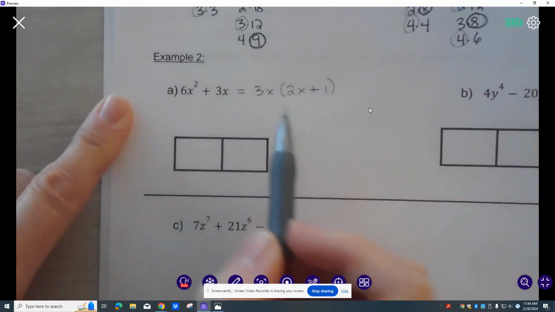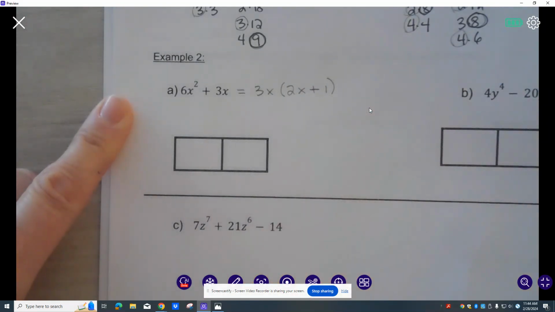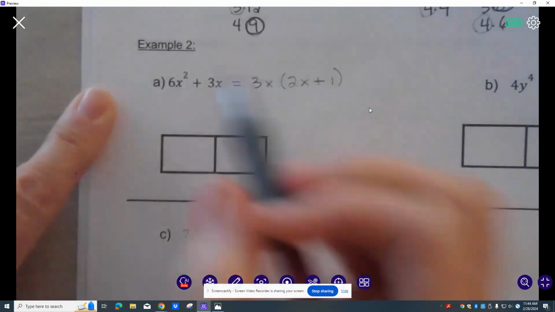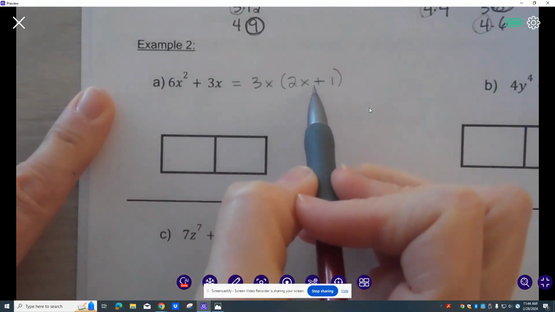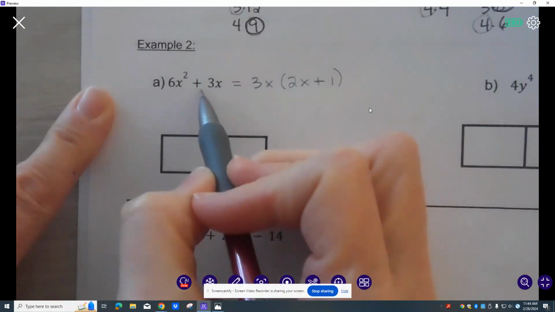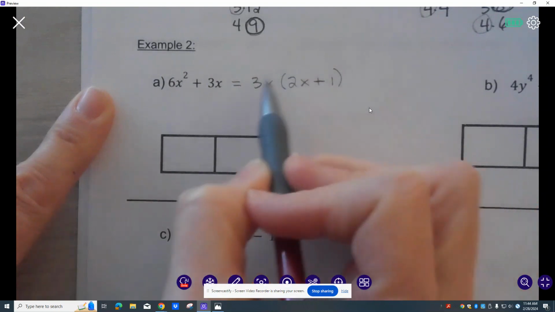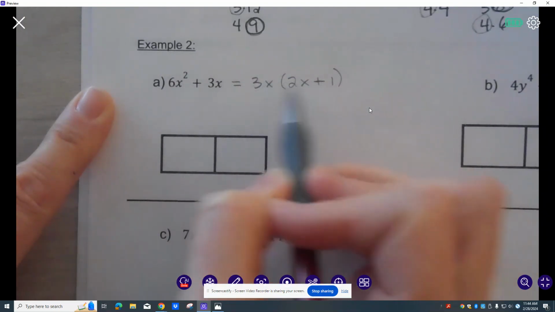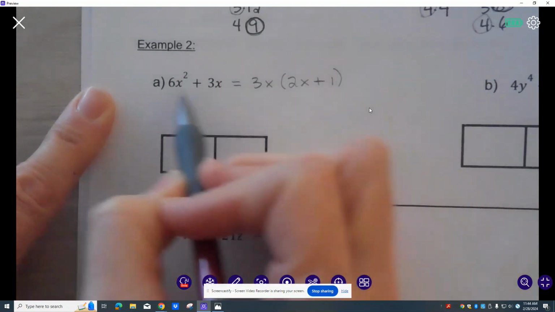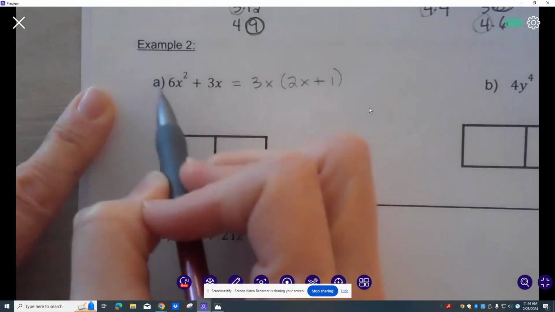So this is factored form. If I gave you this and asked you to do distributive property, you would get this for your answer. So we're doing the opposite. We're starting with this, and you need to find the two factors, in this case a monomial times a binomial, that is equivalent to this binomial.